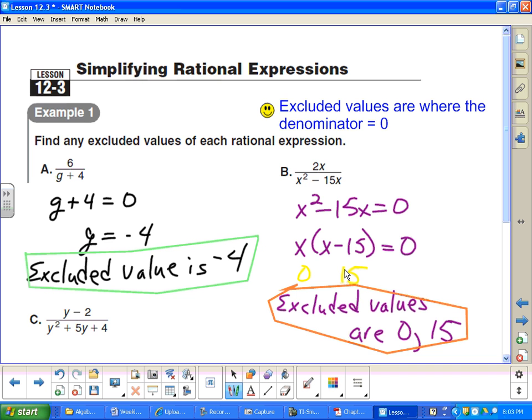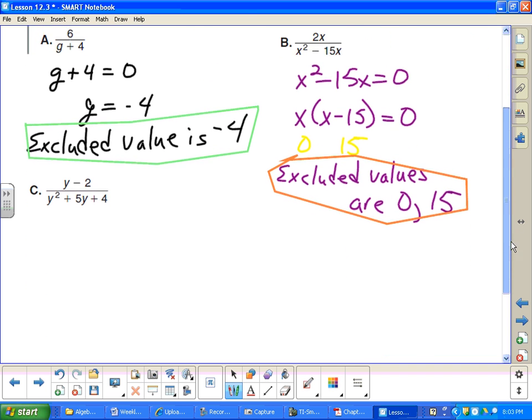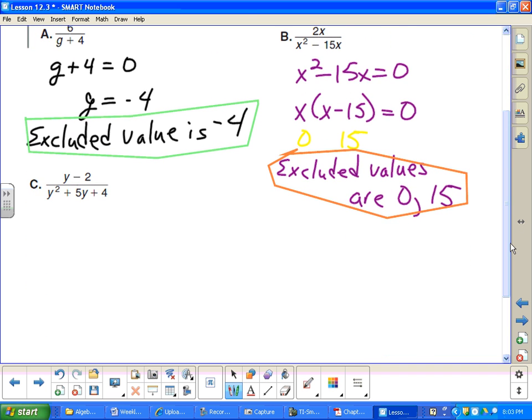So in each case, when they ask for excluded values, we need to look at when the denominator is equal to 0. If the denominator is a quadratic, you're going to have to factor it also, so pull out those factoring skills once again. For letter C, y squared plus 5y plus 4 equals 0.